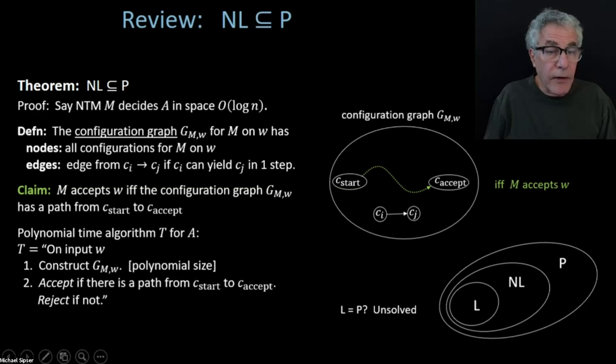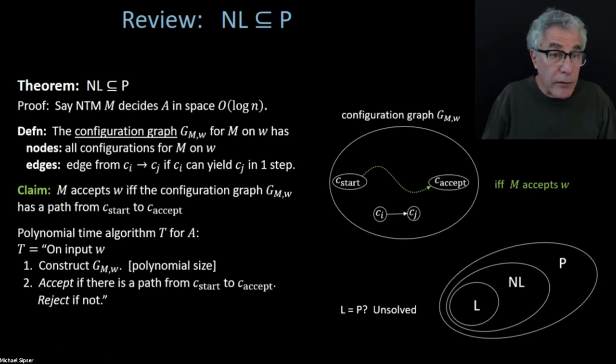Okay, I'm getting a very good question here just now. Why is this construction taking log space? It doesn't. This construction takes polynomial time. This is not a log space algorithm that I'm giving you.